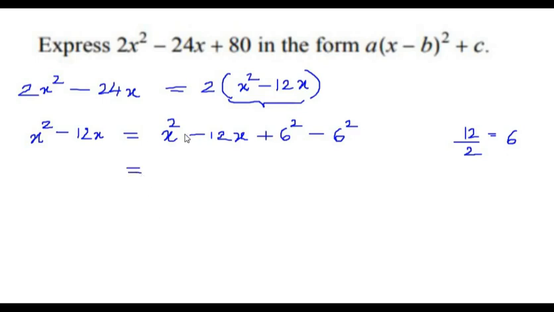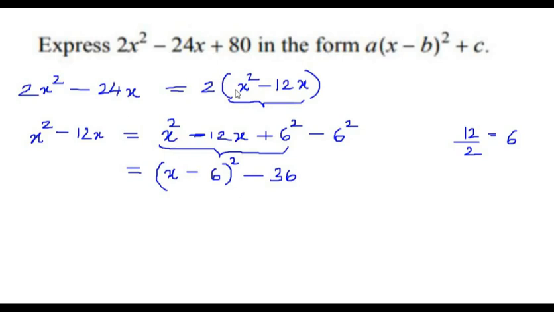Now again, using the identity, we can change these first 3 terms as x minus 6, taking the sign of the x term, the whole term squared, minus 6 squared, which can be written as 36. So this is what we get by solving x square minus 12x.